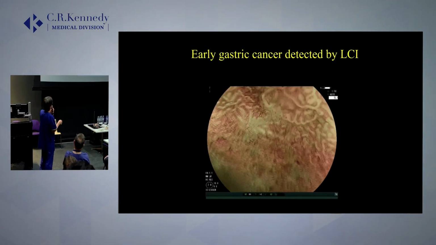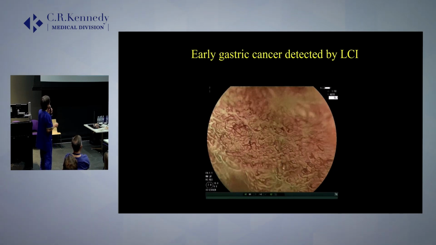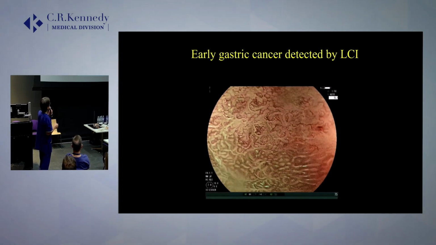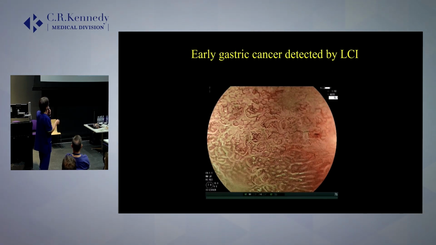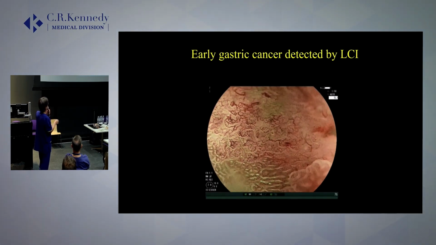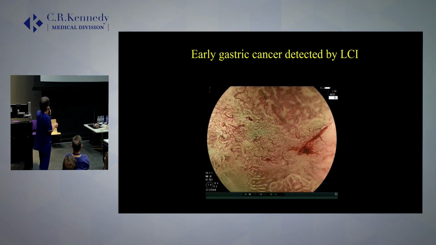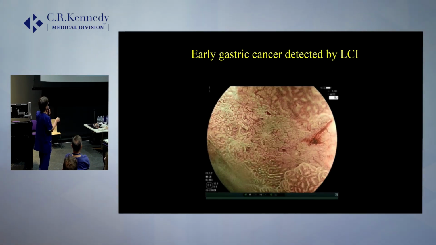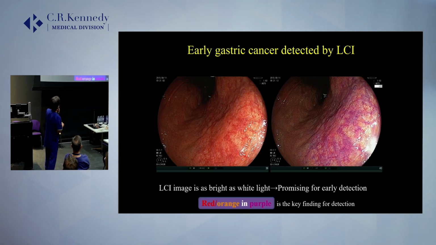So this kind of early gastric cancer cannot be detected with the standard white light image. Can you see the irregular microvascular pattern? Totally different from the surrounding mucosa. You see? It's different.